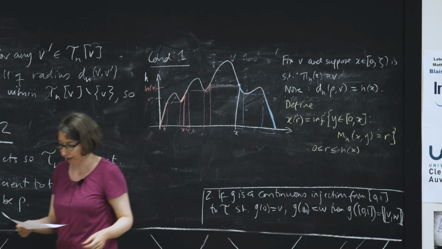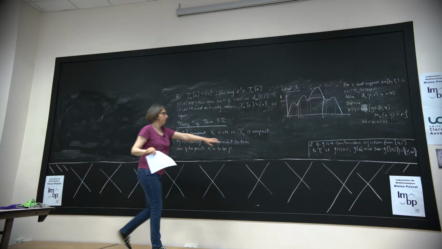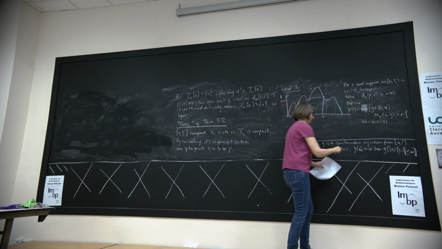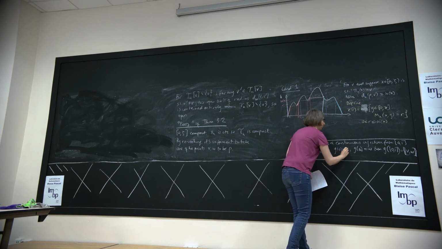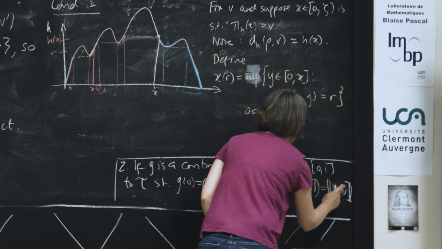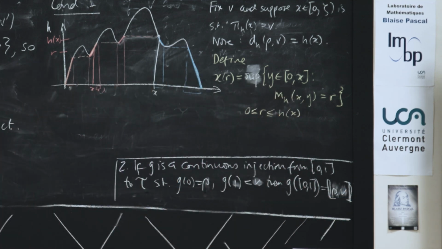So it is precisely the set of ancestors between the root and the vertex V. So I need to show that if G is some continuous injection from 0, 1 into my tree, which starts, so let me correct this to be what I actually want to show, at the root and goes to V, then the image of that really is the set of ancestors of the vertex V.